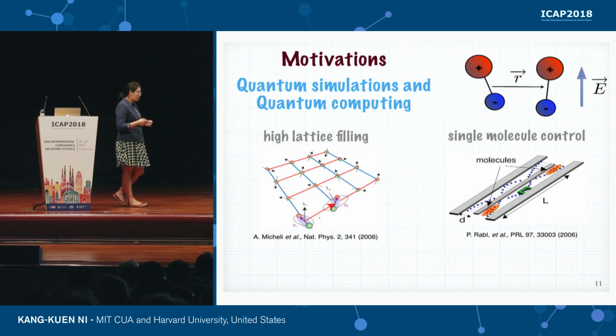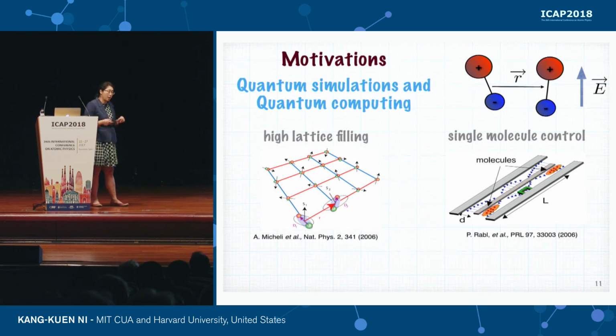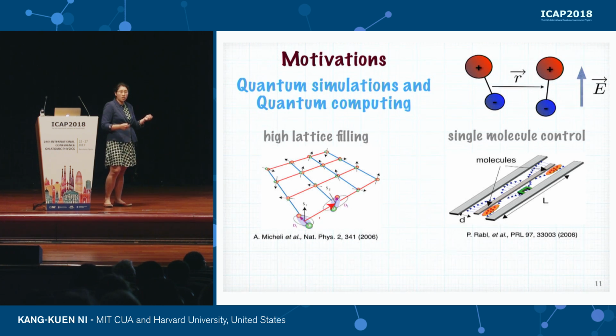But if you really want to do an experiment aiming for these applications, you will find that the set of tools that we have is not sufficient. If you have a gas of molecules, you load it into optical lattices, and you want high lattice filling, some highly ordered array. You will also want single molecule control and addressability for these types of applications.